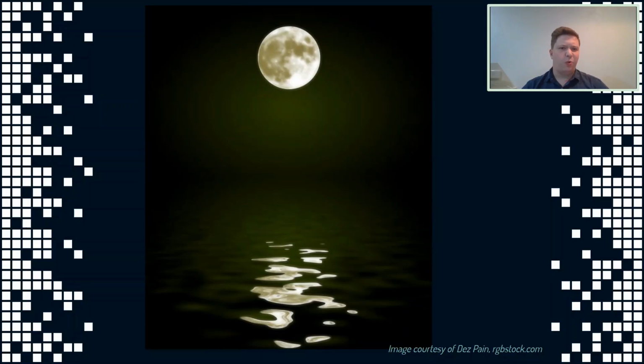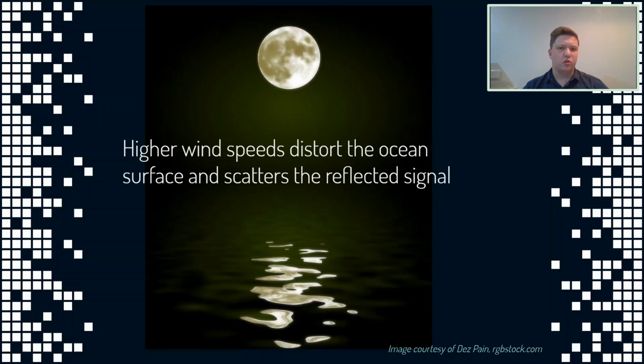If the wind is a bit wild, the water becomes a lot more distorted and ripply, the image of the moon is scattered, and it becomes much less bright. So this is also the same case as for GNSS reflections. If the reflected signal strength is high, or bright, we know the water on the Earth is calm, and thus the wind speeds above that water are low. If the signal is low or faint, then the water is rough and the wind speeds must be high.